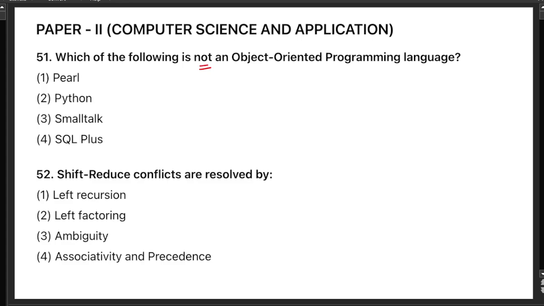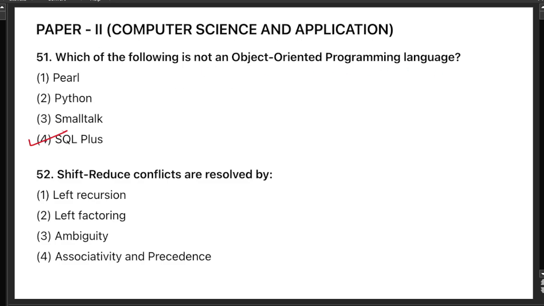Among the options, Perl, Python and Smalltalk are all object-oriented programming languages. So we can say that the answer is D, SQL Plus, which is not an object-oriented programming language.